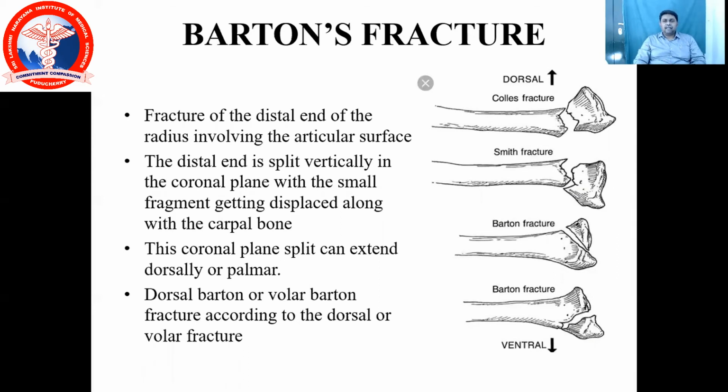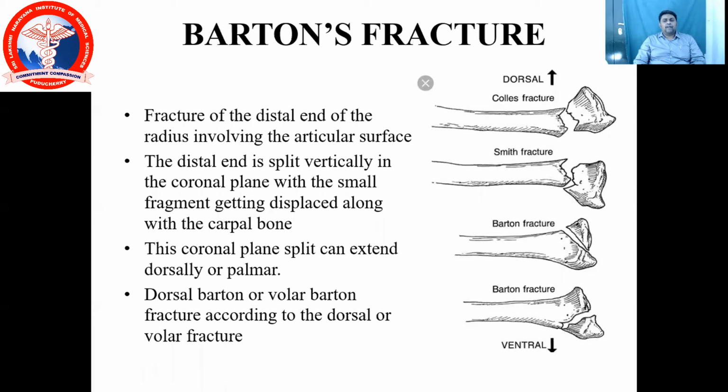As you can see in the picture, the first picture is the Colles fracture, where it is an extra-articular fracture and the fragment is displaced dorsally. In Smith fracture, in the same way, it is an extra-articular fracture, and the fragment is displaced volarwards. In Barton fracture, the fracture line starts from the articular surface and exits dorsally or volar.